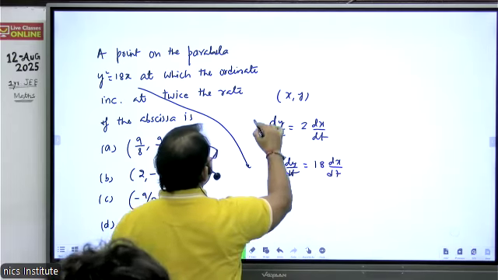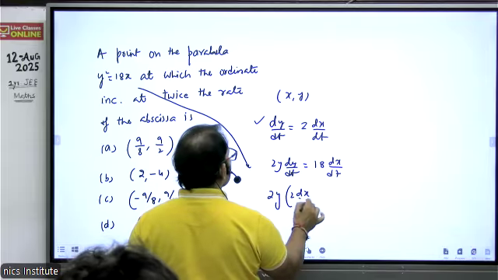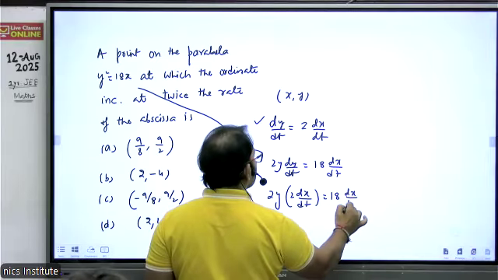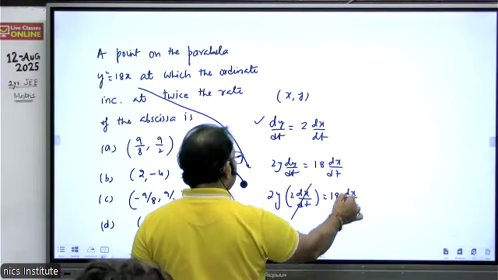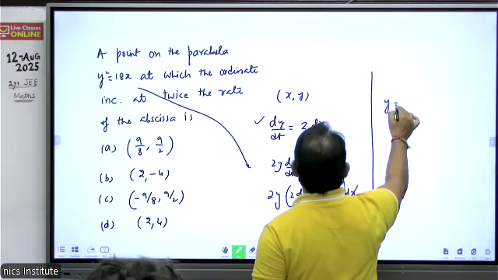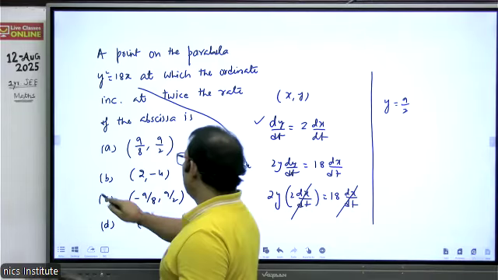You can replace dy by dt, which is 2 dx by dt, and this is 18 dx by dt. So dx by dt cuts. So y is coming out to be 9 by 2. The moment y is 9 by 2, these two options are ruled out.